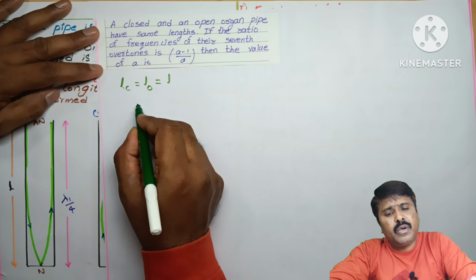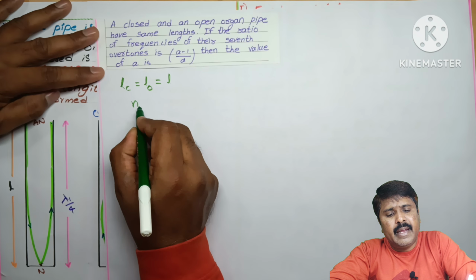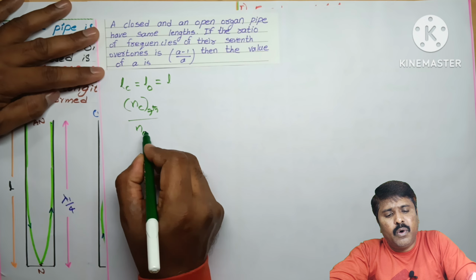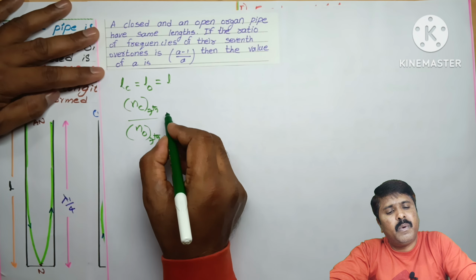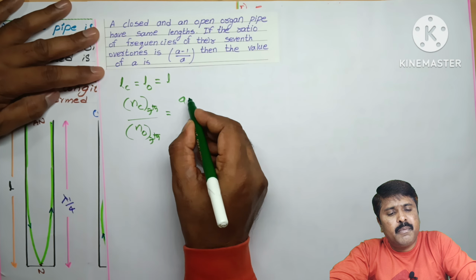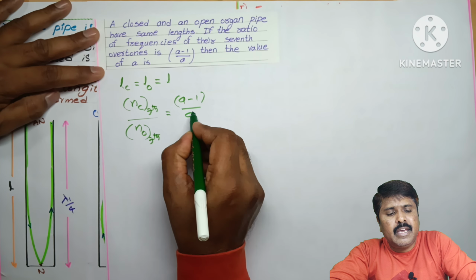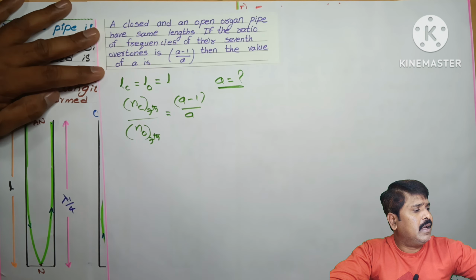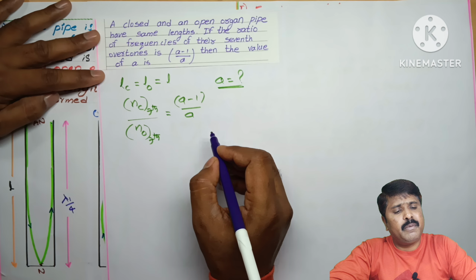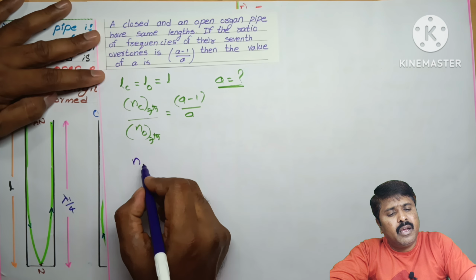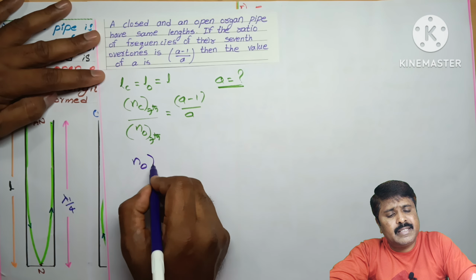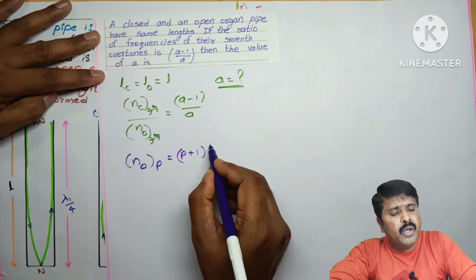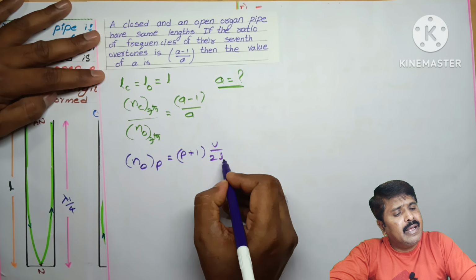So first, the closed pipe, that is NC of 7th overtone divided by n open pipe of 7th overtone, which is given as A minus 1 divided by A. Student, in the question A is asked. For this, the basic formula I am going to write: n open pipe, Pth overtone, is equal to P plus 1 into V divided by 2L0.